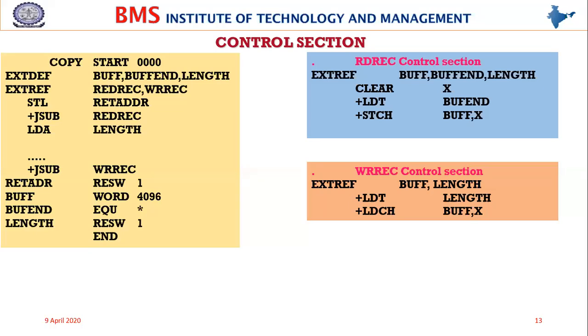They are present in some other control section. For that reason, when we are assembling these instructions, the address for them is marked as 0000. Why? Once the original address is obtained from the concerned control sections, we need to modify those addresses, and the complete address needs to be modified. That's the thing.